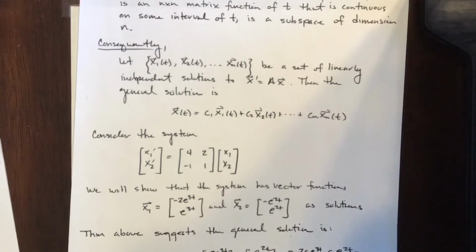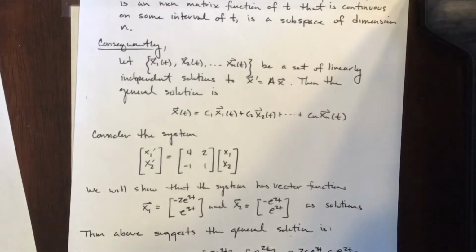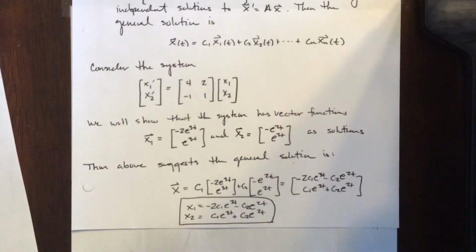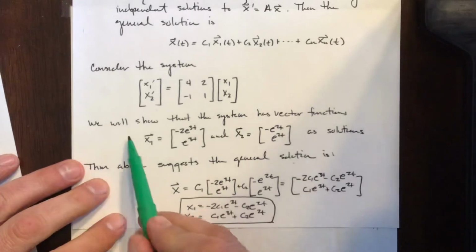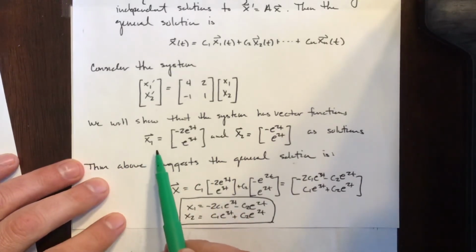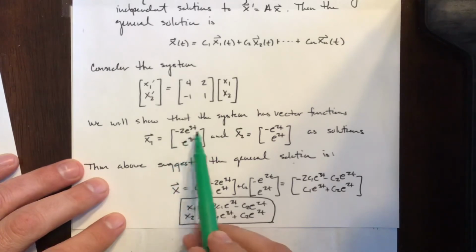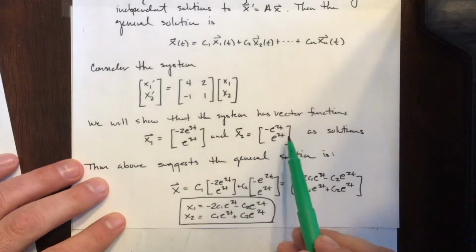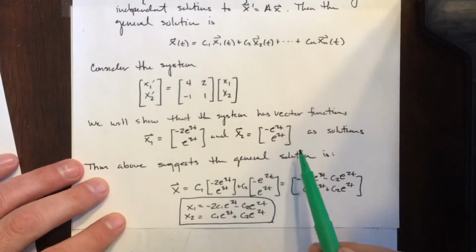Okay, all right, now for the time being, you're going to assume, and again, we will show this, that the vector x1 is negative 2 e to the 3t and e to the 3t, and x2 is negative e to the 2t, e to the 2t.